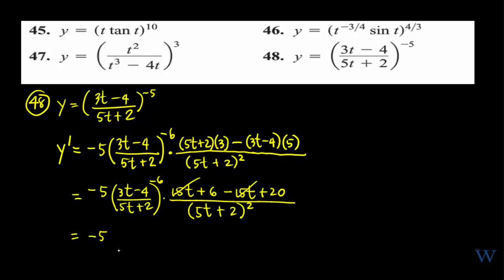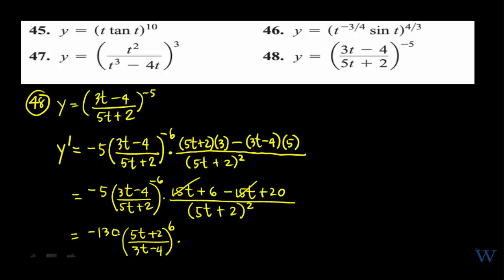Okay, so let's go ahead and write this down, therefore, as negative 130 multiplied by, how about we rewrite this now as 5t plus 2 over 3t minus 4 to the 6, because when you take a fraction that's raised to a negative exponent, you just flip the top and bottom.